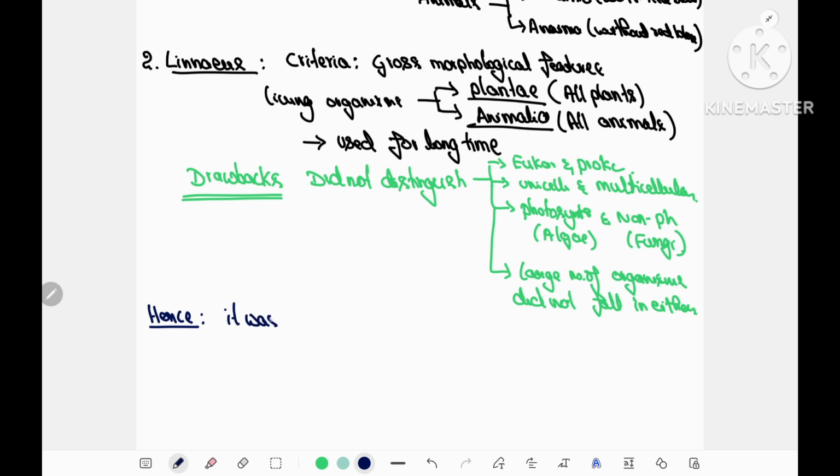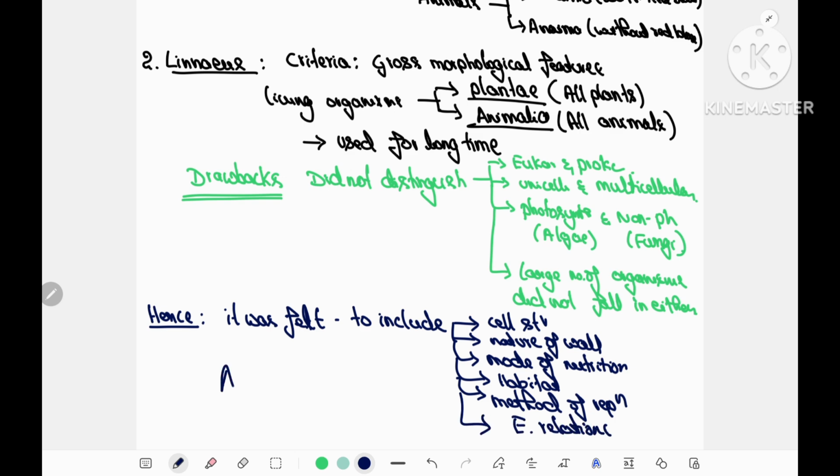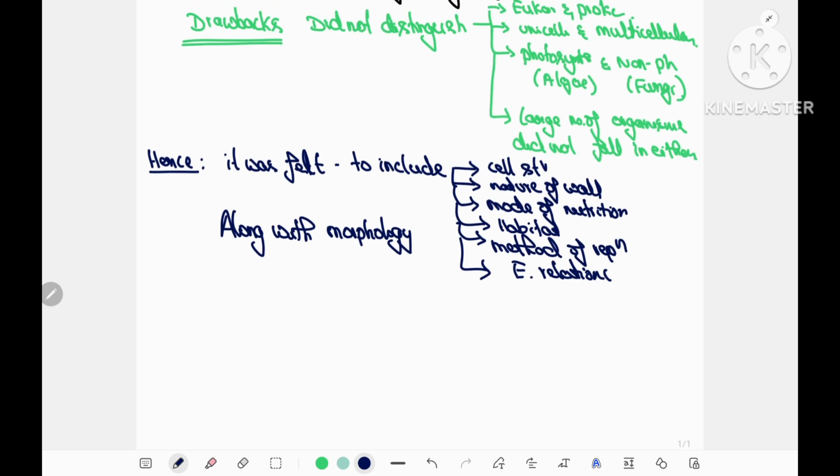So other scientists considered that the classification system has to consider characters other than gross morphological ones. So they proposed we have to use other characters like cell structure, nature of cell wall, mode of nutrition, habitat, method of reproduction, and even evolutionary relationships or phylogenetic relationships between the organisms, along with the morphological features which were used by Linnaeus.